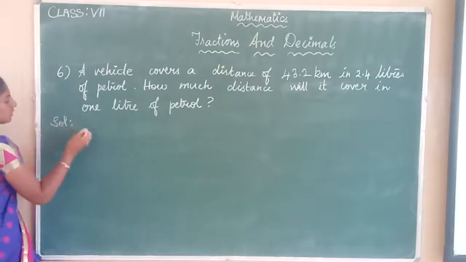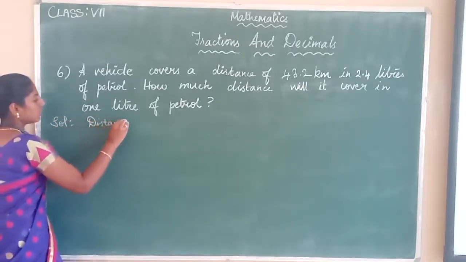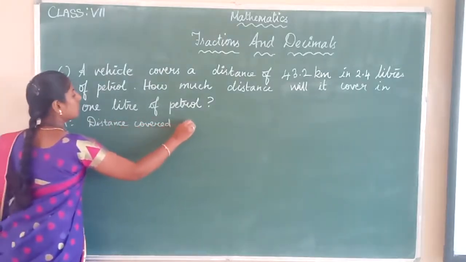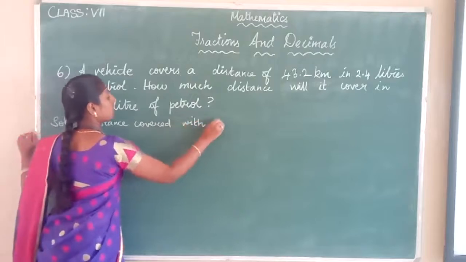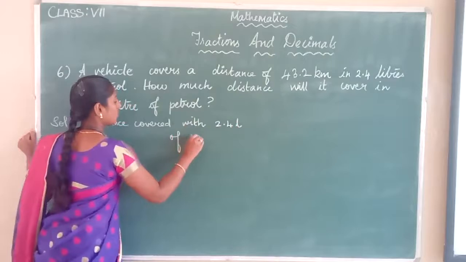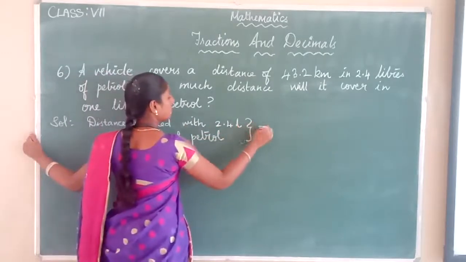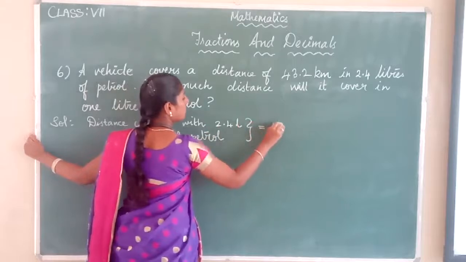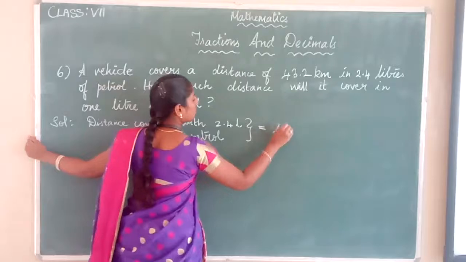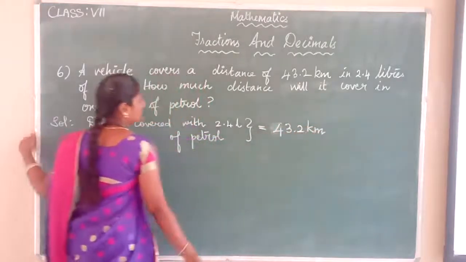What is given in the question? Distance covered with 2.4 liters of petrol. So how much is that? 43.2 kilometers.